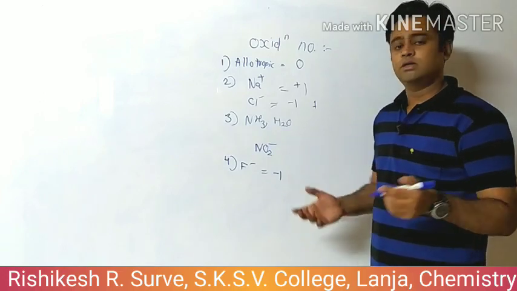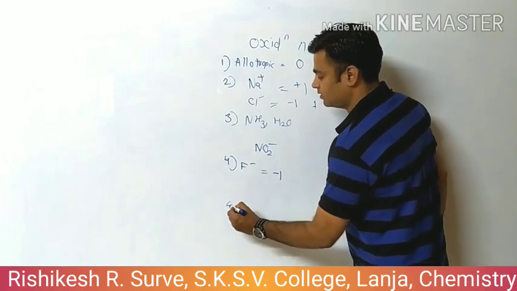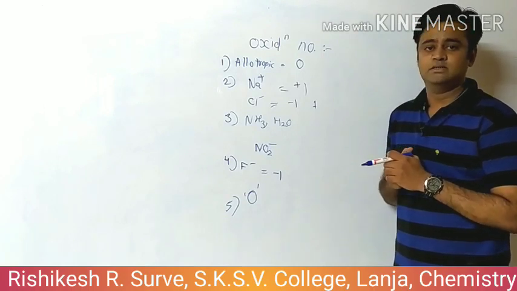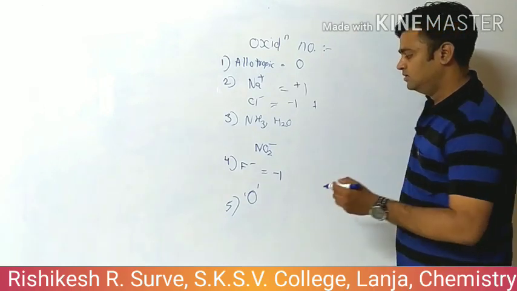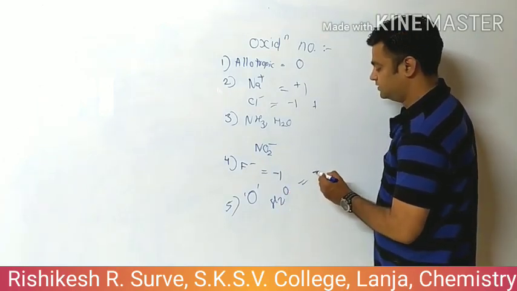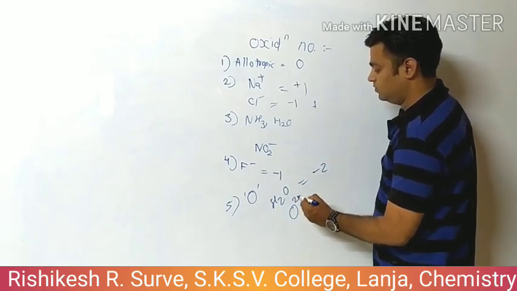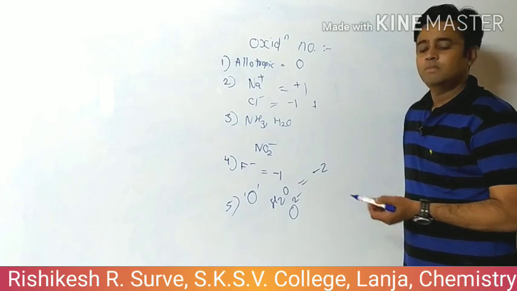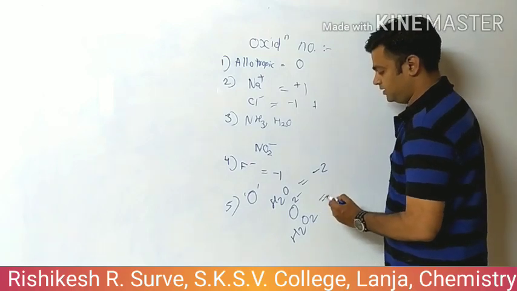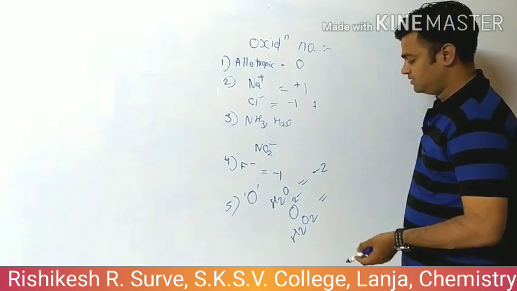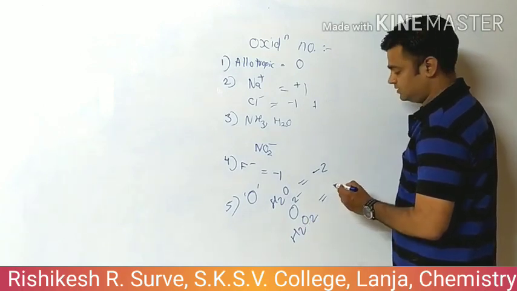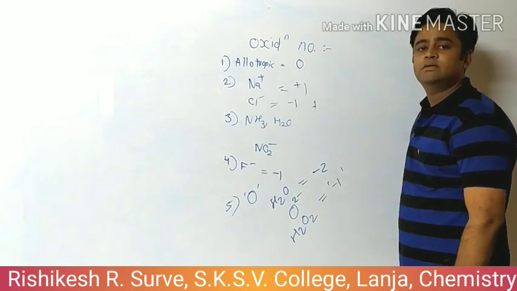But now if we consider oxygen, oxygen has some exceptional cases. Which are those? In water, we write the oxidation number of oxygen as minus 2 because O2 minus. But if we consider hydrogen peroxide, H2O2, here the oxidation state will be how much? 2 hydrogens are giving their electrons to 2 different oxygens, so it will be minus 1.